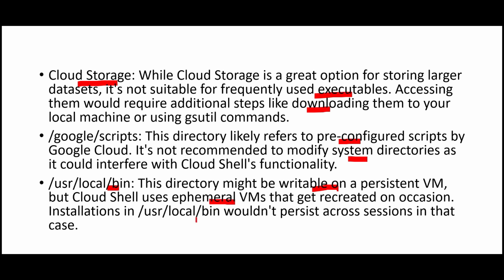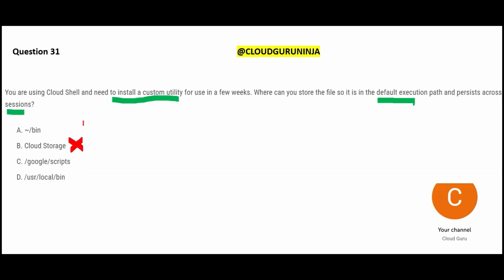So installations there would not persist. We want to persist, but it will not persist. So both of these options are wrong. So option A, slash bin, is our answer.